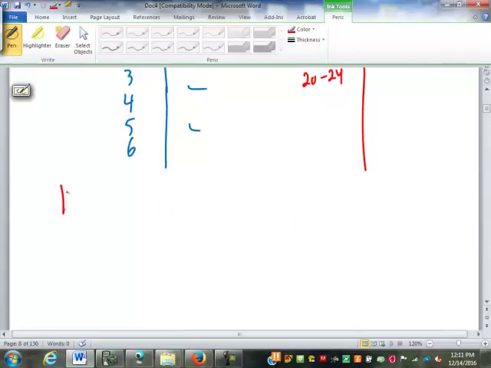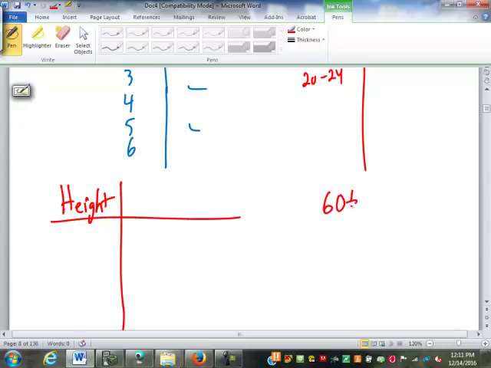For example, let's say we're measuring height. And let's say our shortest person is 60 1/2 inches. Our tallest is 74 3/4 inches.